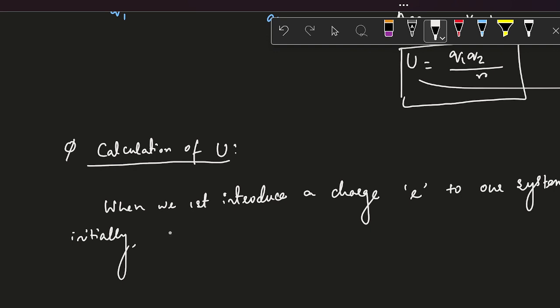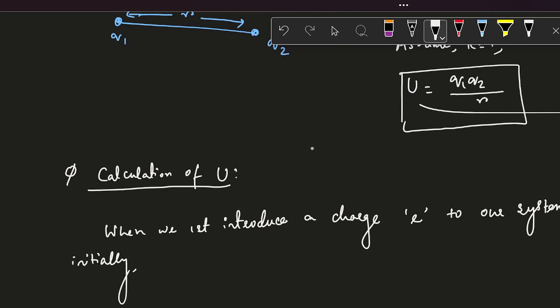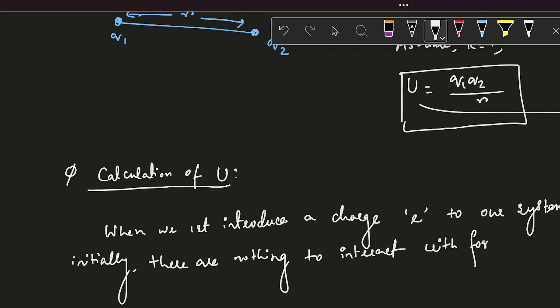Let's say we start with corner 1, so initially there are no other particles present, and then you just take a charge E and place it at corner 1 and mark that corner as 1. Because there are no other charges present initially, there is nothing for this charge E to interact with. So for the first charge initially there is no charge, nothing to interact with for this charge E that is introduced.